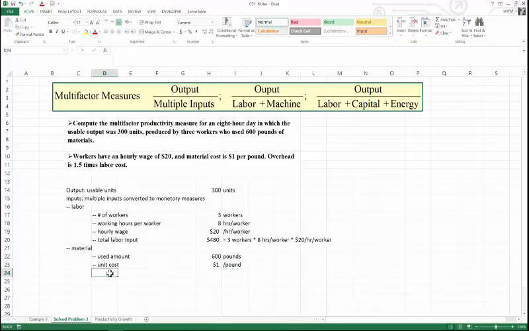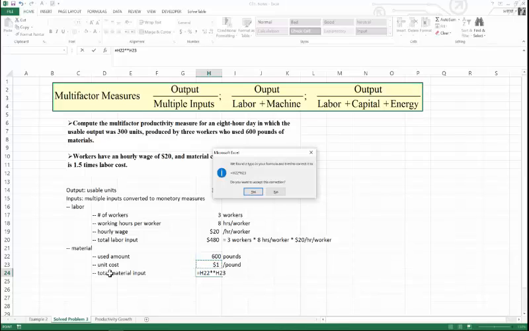Then we can come up with the total material input, which is the used amount times its unit cost.